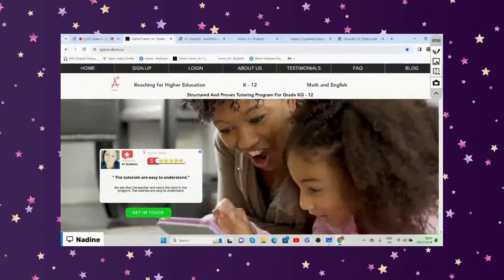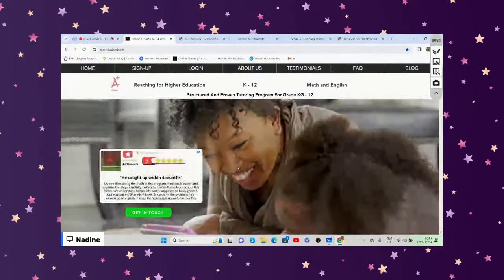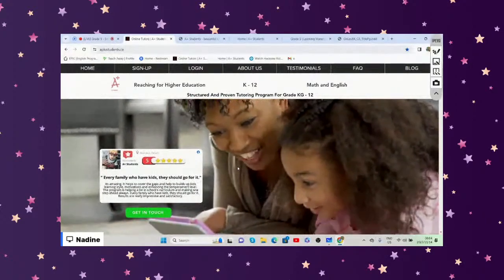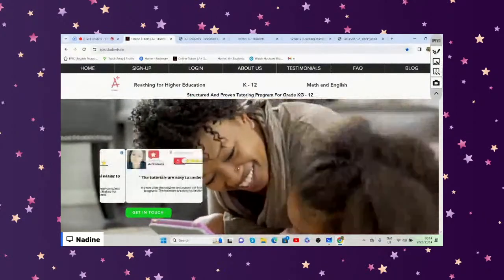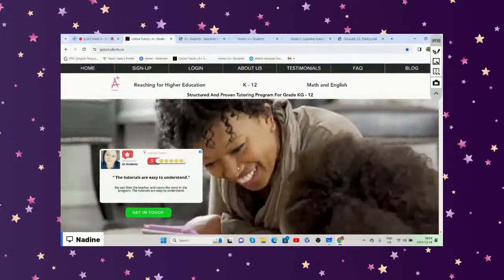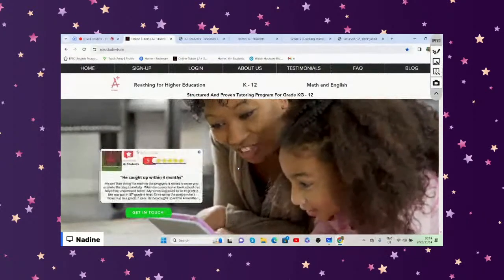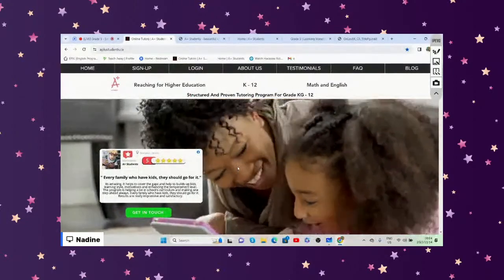Once we've logged into aplusstudents.ca with our username as well as our password, we're going to select the subject of language arts, and then grade 5.